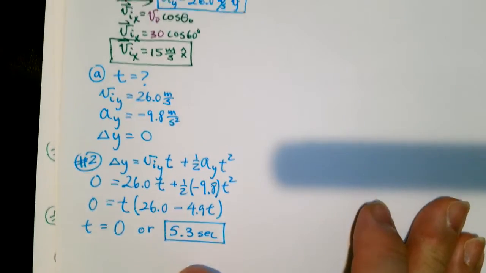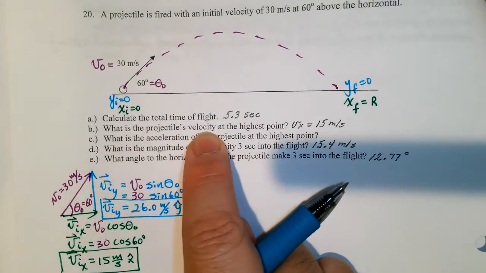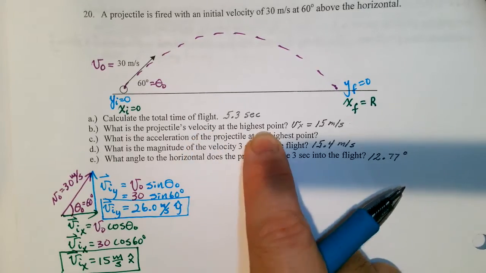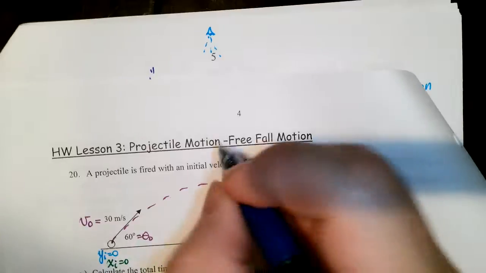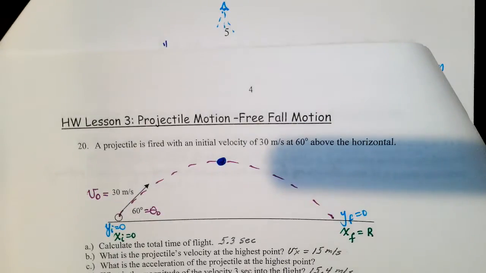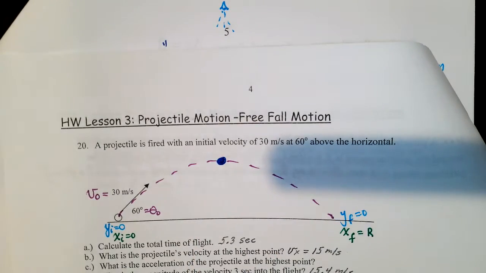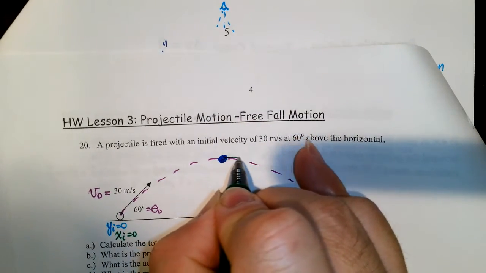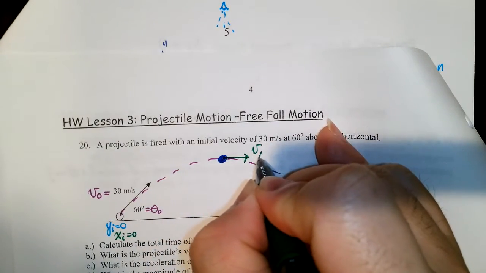What about part B? At part B, what is the projectile's velocity at the highest point? So at the highest point, right here, my velocity in the y direction is 0, and I only have velocity in the x direction. So this is Vx.